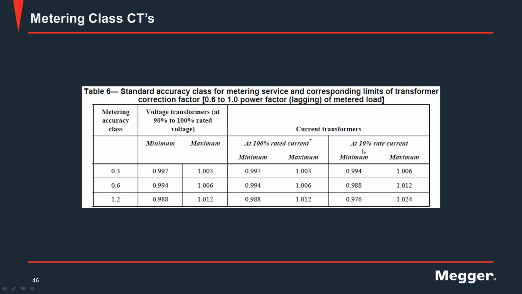If you inject 10% of the rated current, then the accuracy should be from 0.994 to a maximum of 1.006. And this one is for the voltage transformer. If your voltage transformer is class 0.3, the range should be 0.997 up to 1.003 at 90% to 100% rated voltage.